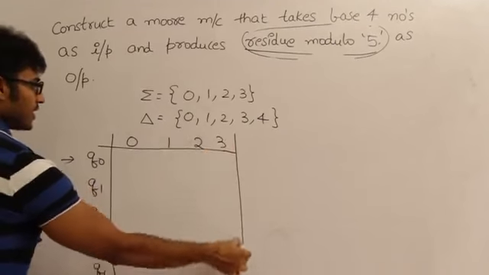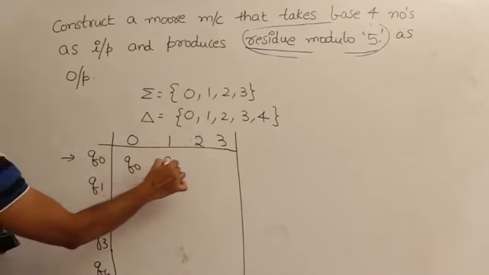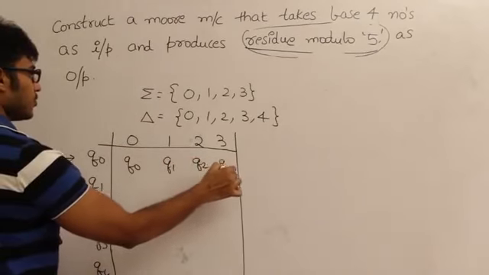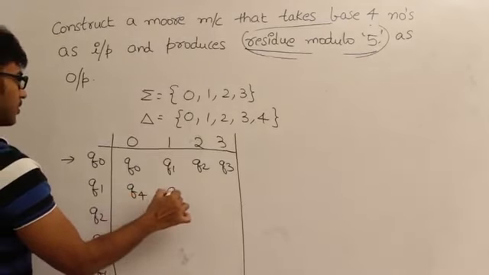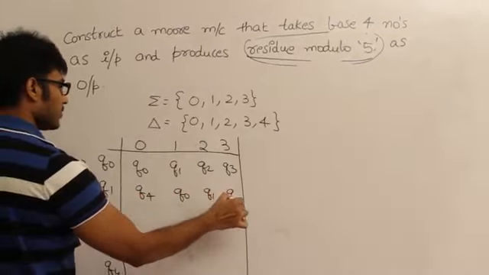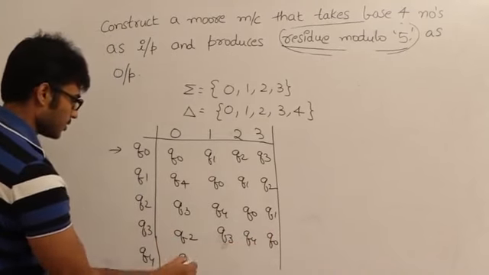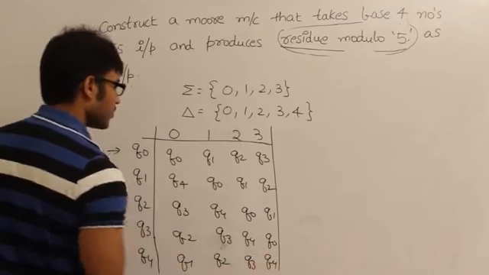Now you fill out the transition function like this. Directly Q0, Q1, Q2, Q3, Q4, again Q0, Q1, Q2, Q3, Q4, Q0, Q1, Q2, Q3, Q4, Q0, Q1, Q2, Q3, Q4.